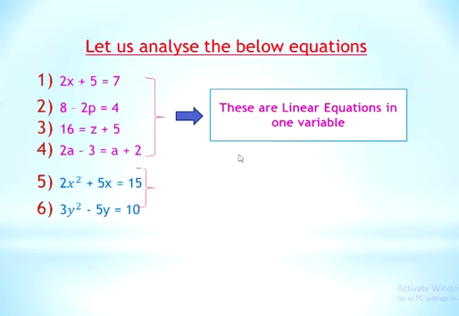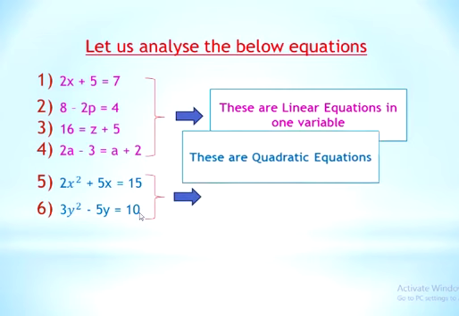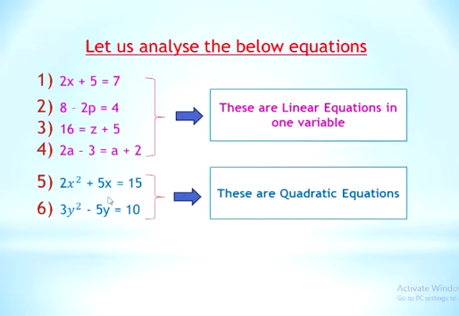Now another set of examples is 2x square plus 5x is equal to 15 and 3y square minus 5y is equal to 10. These are called quadratic equations, because even though there is only one variable, x, the highest power is 2.